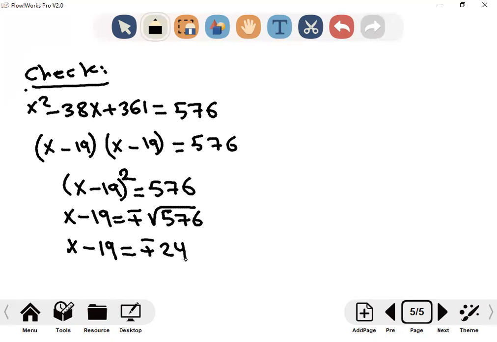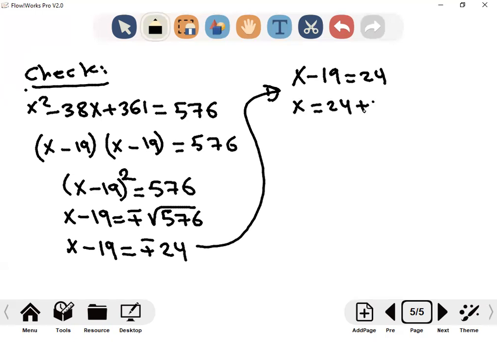Use the calculator, the square root will be plus minus 24. Now two-sided solutions. You have x minus 19 equal to 24. Shift: x equals 24 plus 19, means x equals 43.